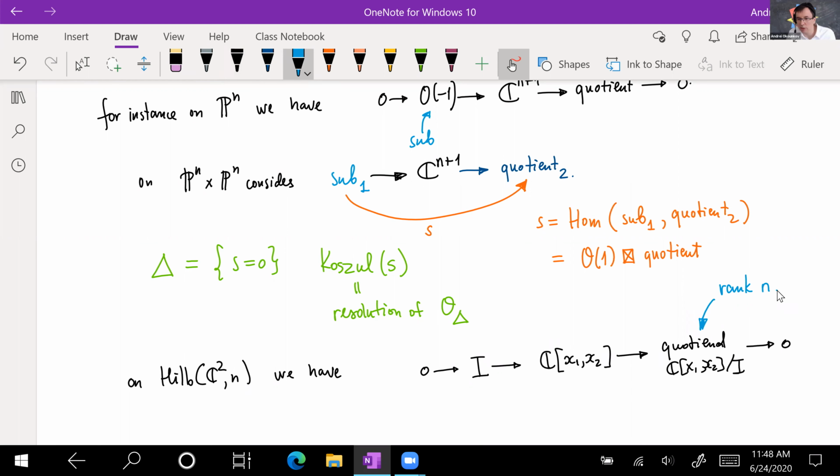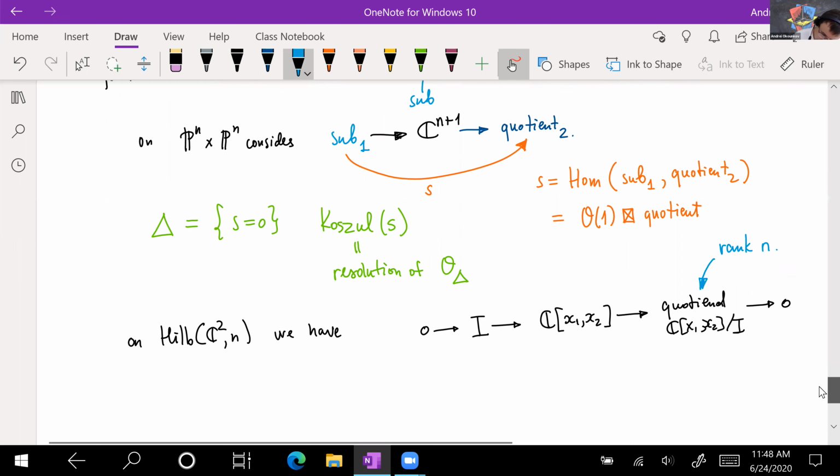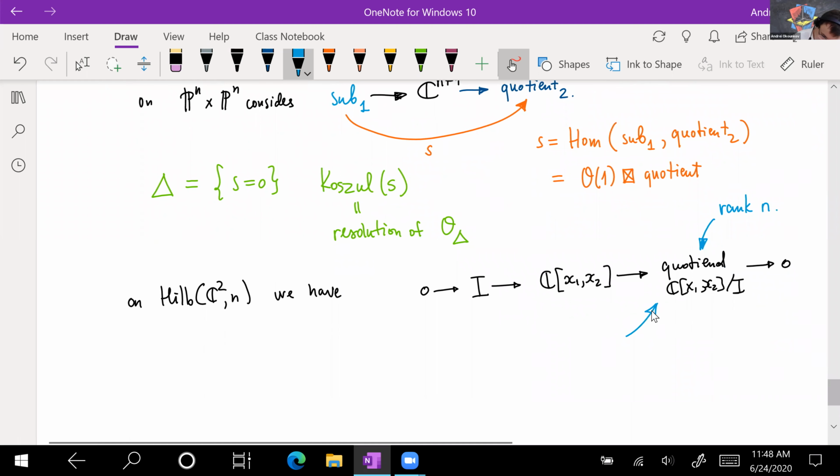And the exact same argument: you take the ideal on one factor and project to the quotient on the other. It's going to prove for you that this bundle generates K-theory.